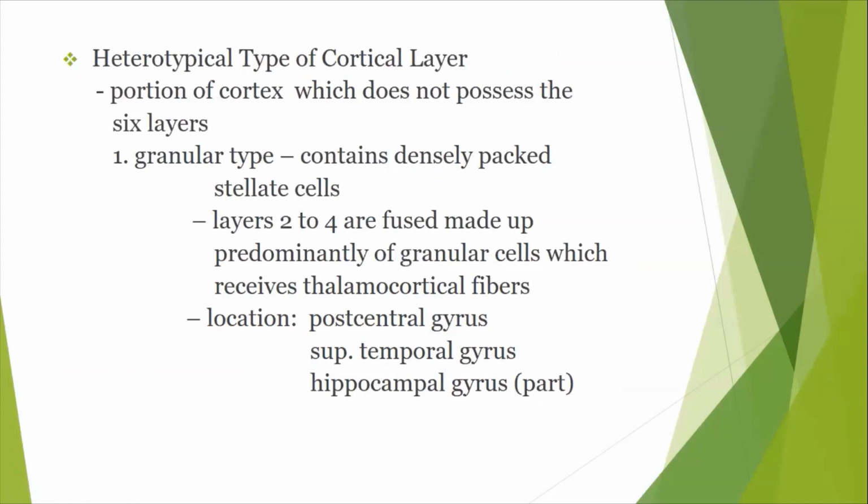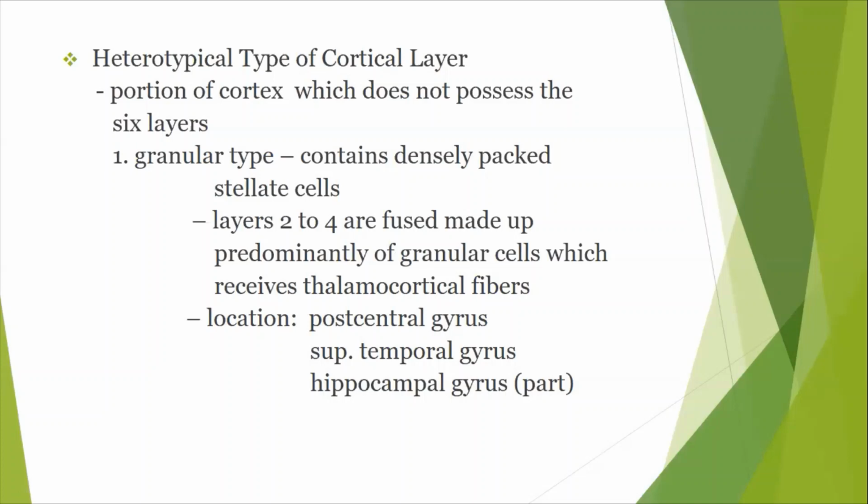Then those 6 layers, as I have said earlier, if found in a certain area of the cortex, you can say that the layers of the cerebral cortex are homotypical. But it is not the same in all areas of the cortex.